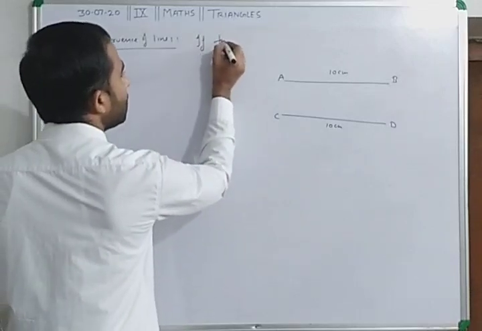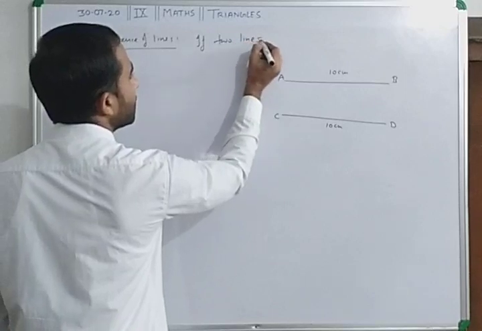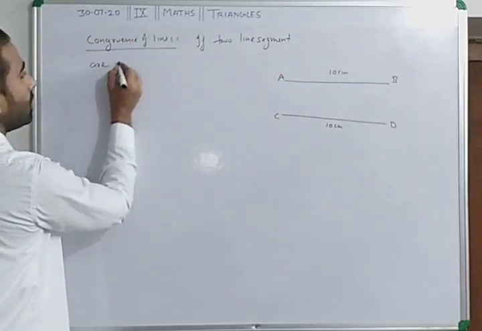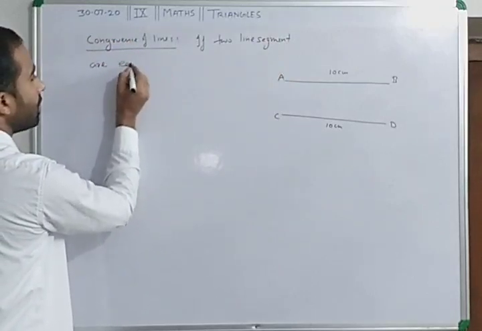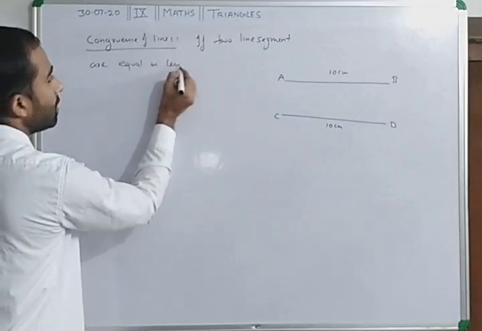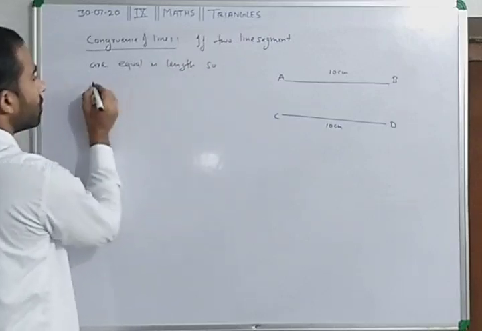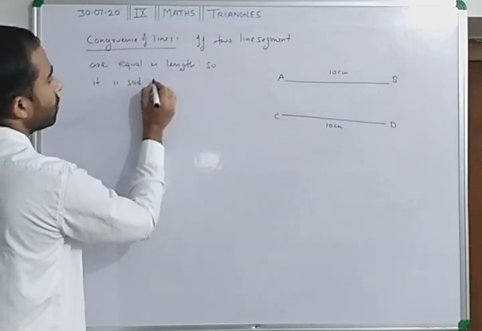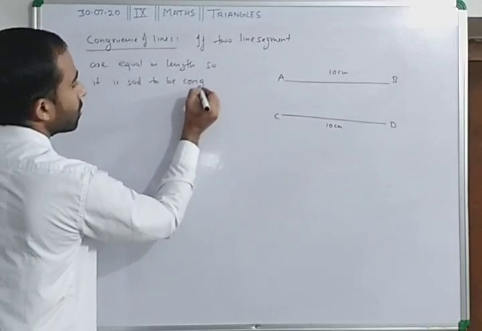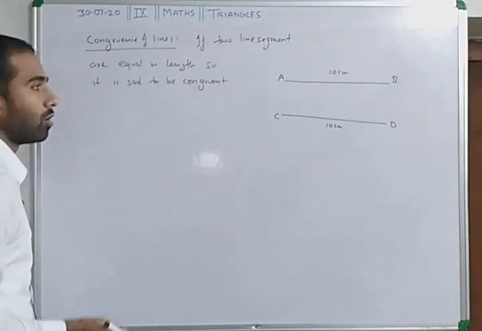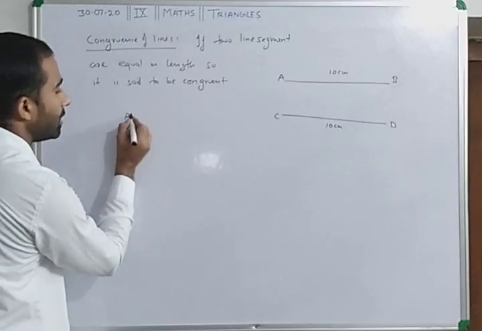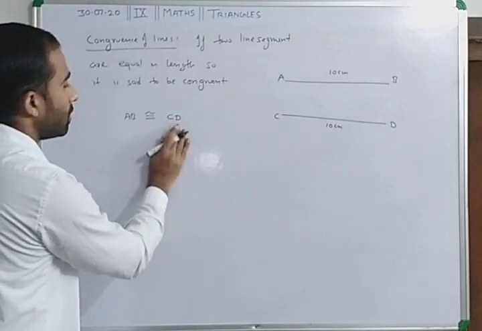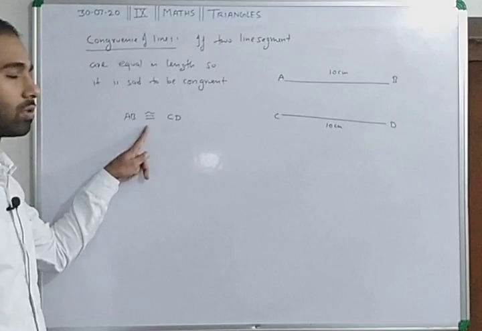If two line segments are equal in length, it is said to be congruent. So how can we represent it? Line segment AB is congruent to line segment CD. Now here we use the congruency symbol.